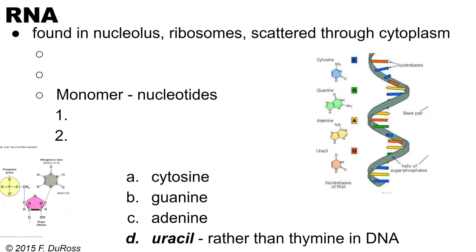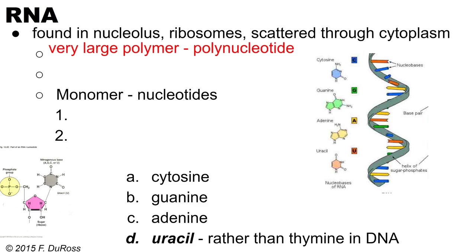So we have DNA. There's also this other type of nucleic acid called RNA. RNA is also found in cells, in the ribosomes, in the cytoplasm, in the nucleus. And it's similar to DNA, but there's some important differences that we'll talk about.